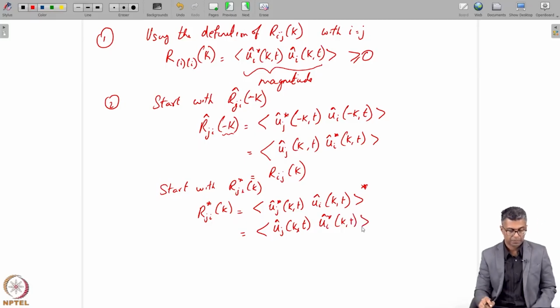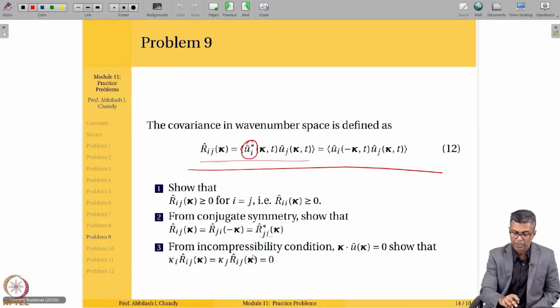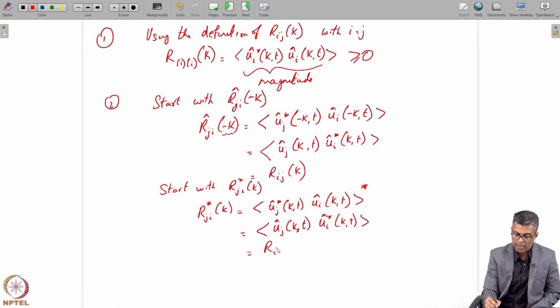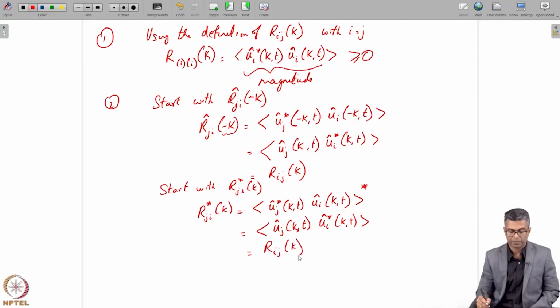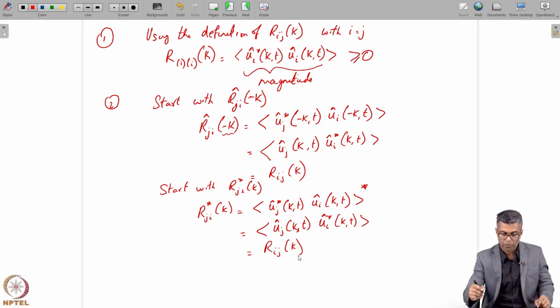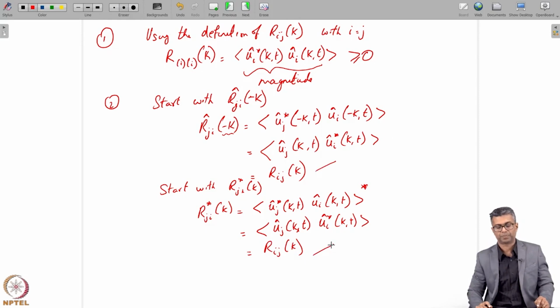Covariance close. This right here is again by definition this one. So that would be Rij of kappa. Hence proved. That's your second. That's the entire second part of the question. We proved the first equation right here and the second equation right here.